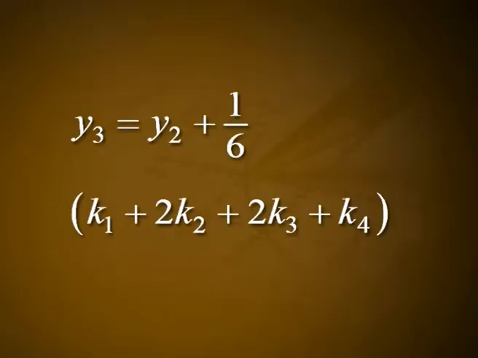Substituting the values in y3 equal to y2 plus 1 by 6 into (k1 plus 2 k2 plus 2 k3 plus k4), we obtain y at 0.6, that is y3, equal to 0.6841, correct to 4 decimal places.